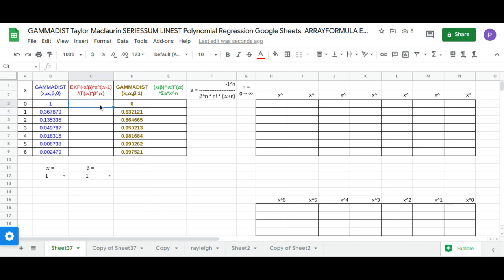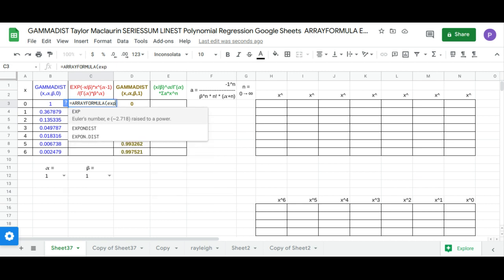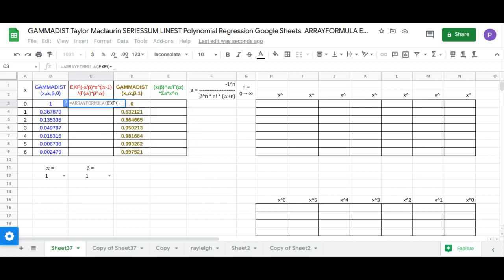And we continue with the equivalent of the probability density function, which is array formula, exponent of the negative x divided by beta, and this is multiplied by x raised to the power alpha minus 1, divided by, there are two parts.